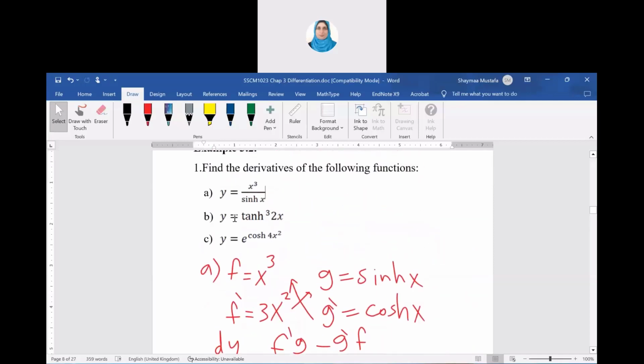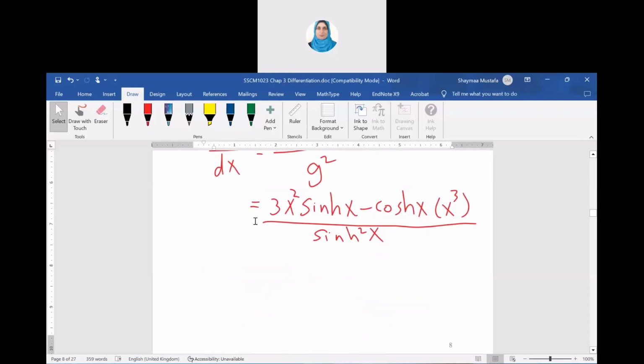Okay. Second example, I need to find the derivative of y equal tan cube 2x.